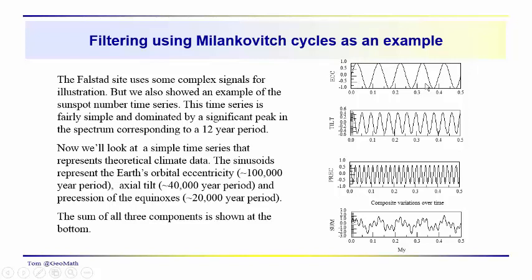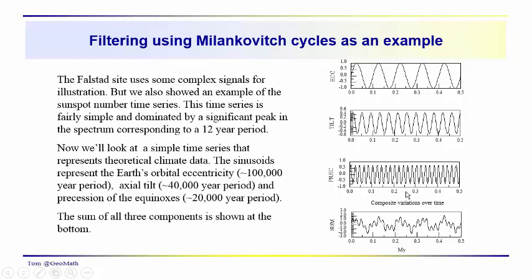So we just simulate it. We just generate a sine wave and generate these three sine waves with these three different periods, and then sum them all together so that we get this composite response, and that has all three components embedded in it. So you can see the longer period one. You can see a little bit of the tilt in there.